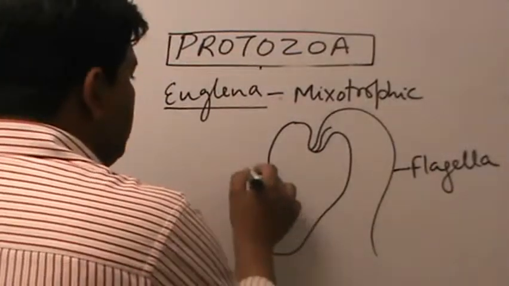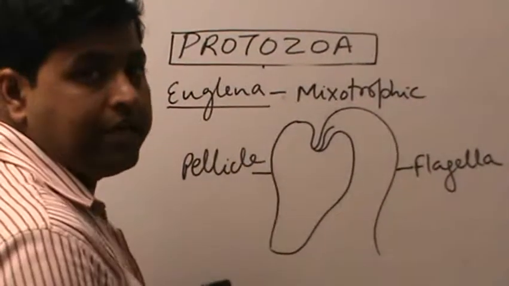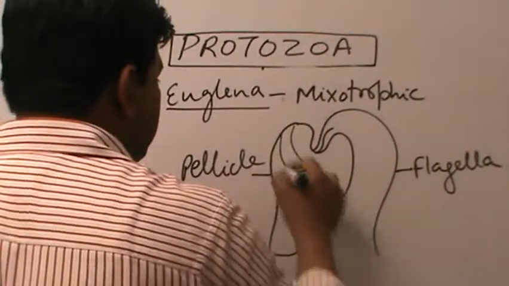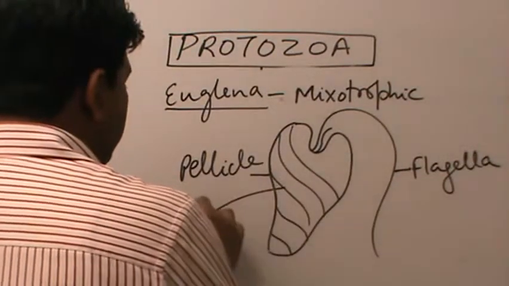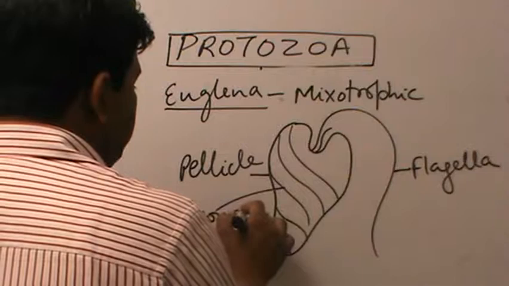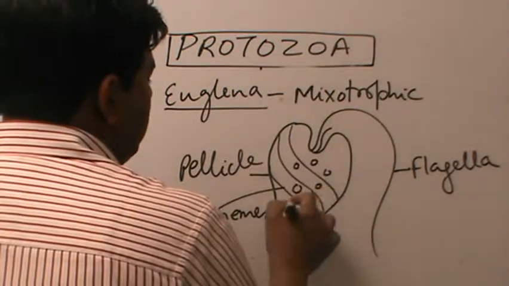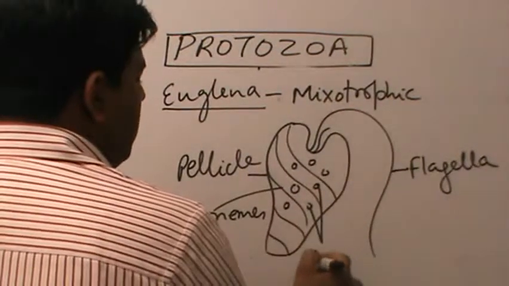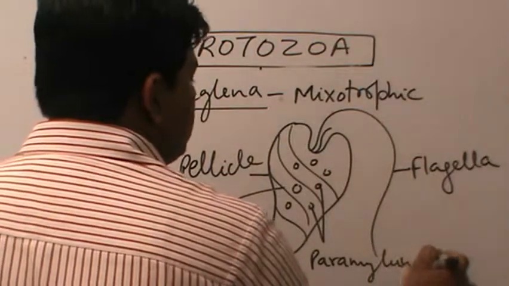It has a pellicle. It has myonemes, and the stored food material is paramylum bodies. These are paramylum bodies.